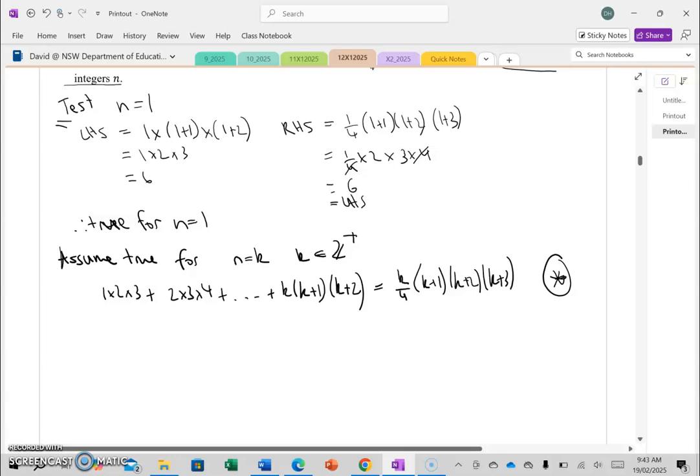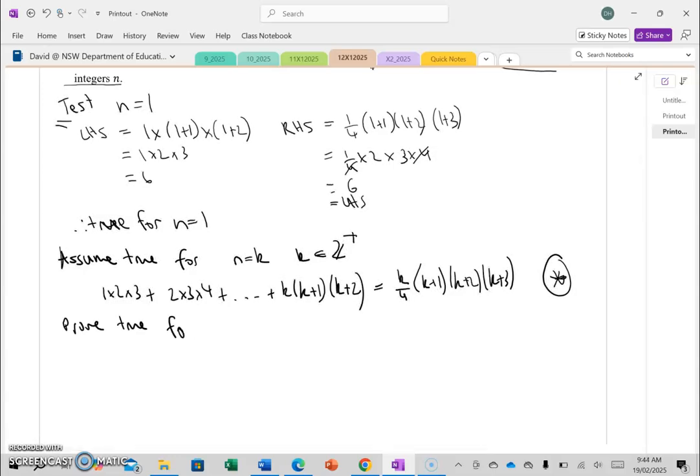Now we need to prove true for n equals k plus 1. Write down RTP, required to prove. I'm going to write (k plus 1), (k plus 2).